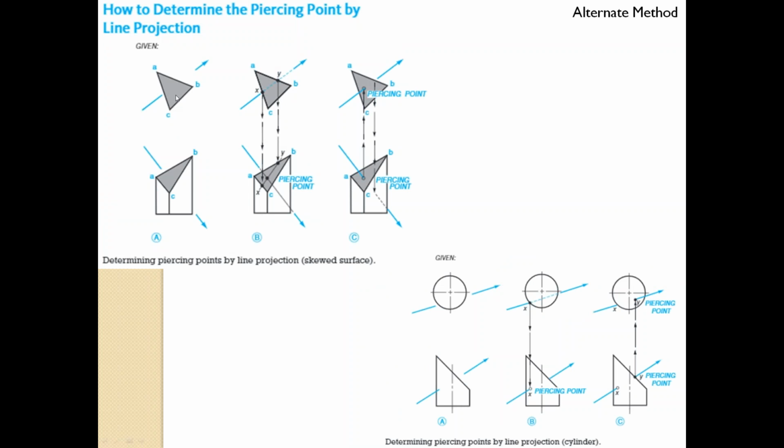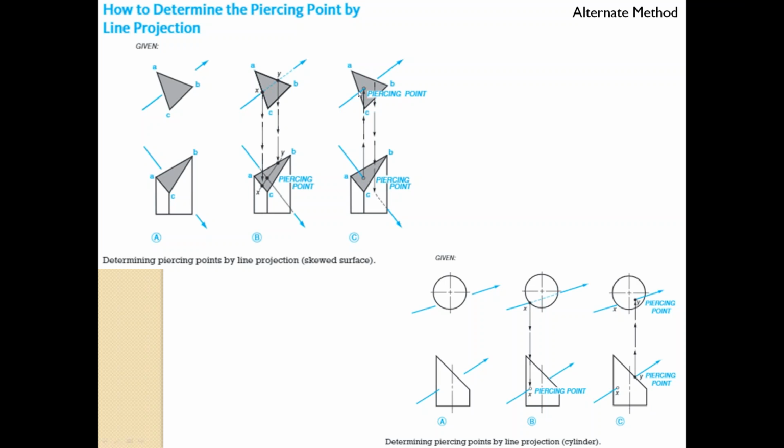Where the piercing point is, you're going to project them down, and draw this line here to get the X and Y line, find the intersection point, and this is your piercing point, and then same thing, project them up, and you get this other piercing point.